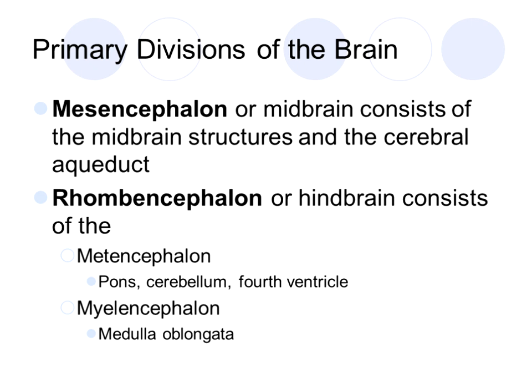Now the brainstem consists of the midbrain, the pons, and the medulla oblongata. The mesencephalon is the midbrain of the brainstem. Okay, so it consists of the midbrain structures and the cerebral aqueduct.